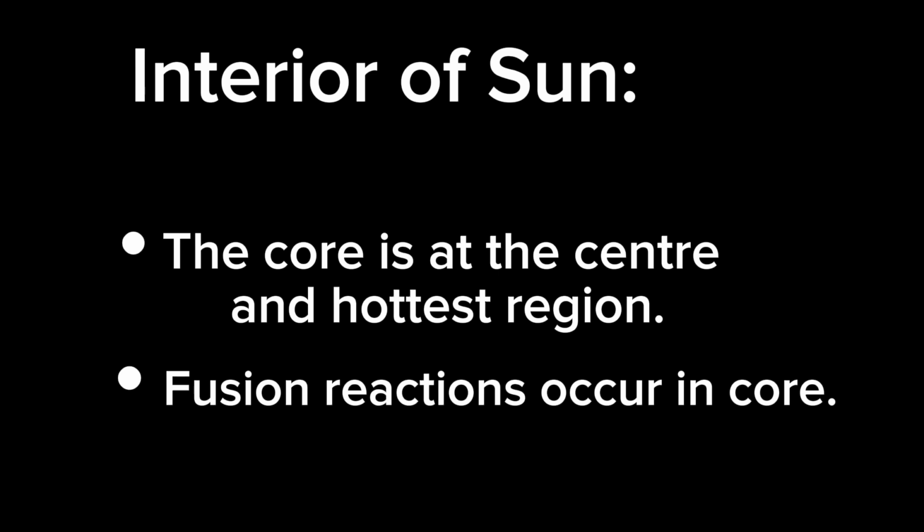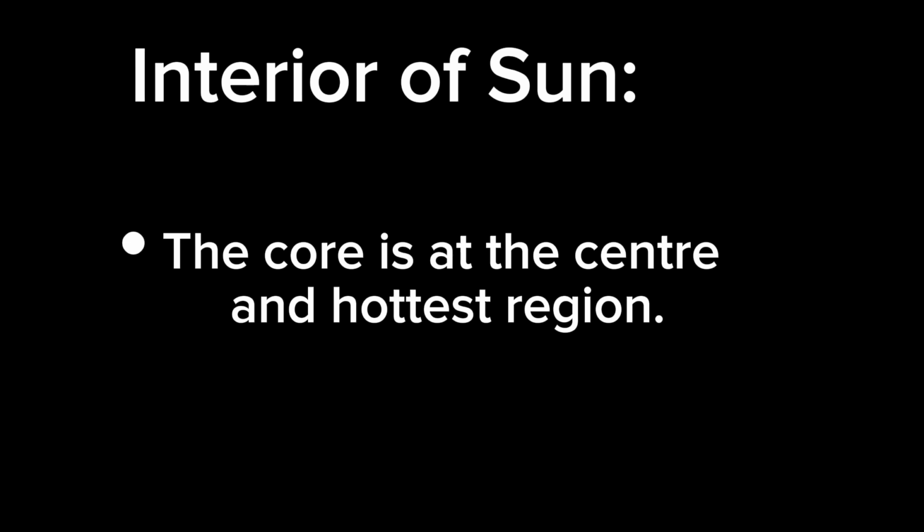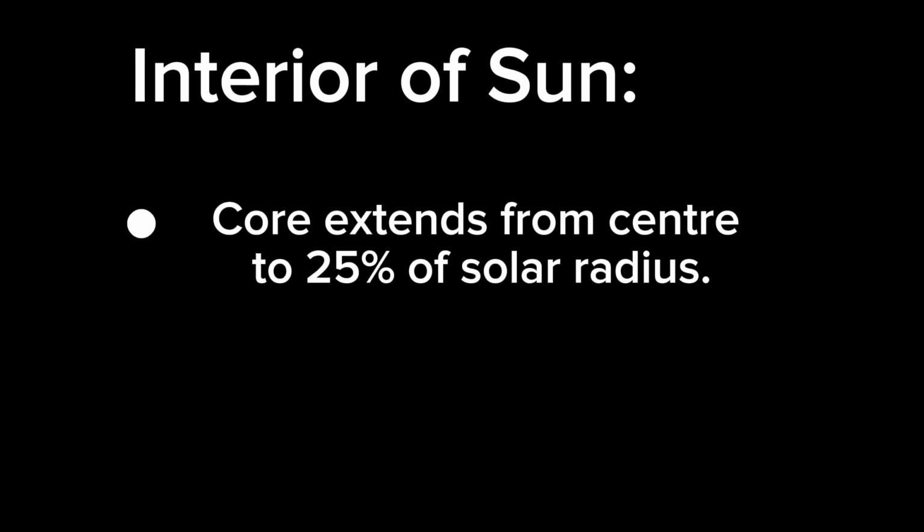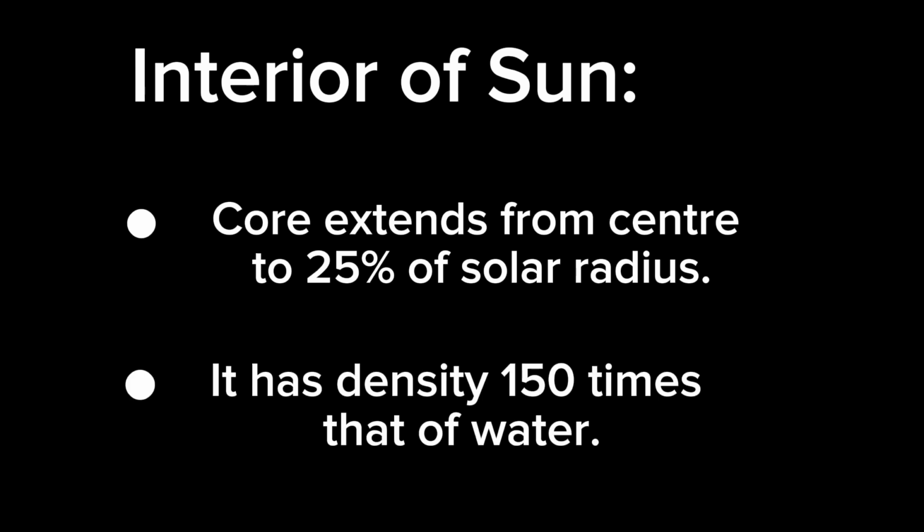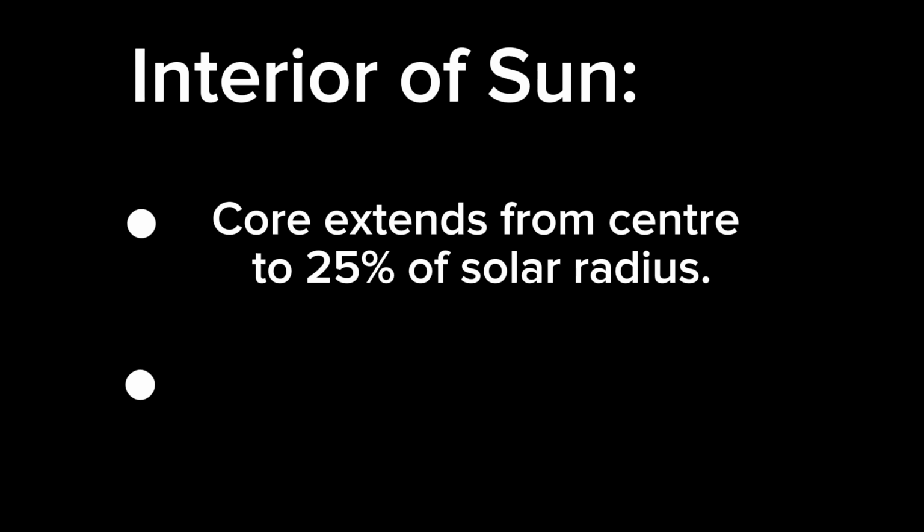I mean in the core. The core of the sun is considered to extend from the center to about 25% of the solar radius. It has a density of about 150 times the density of water. It means that its density is 150 times more than that of water.